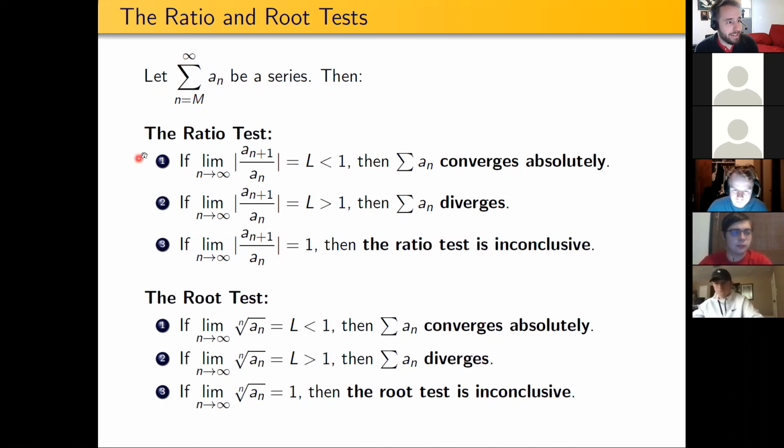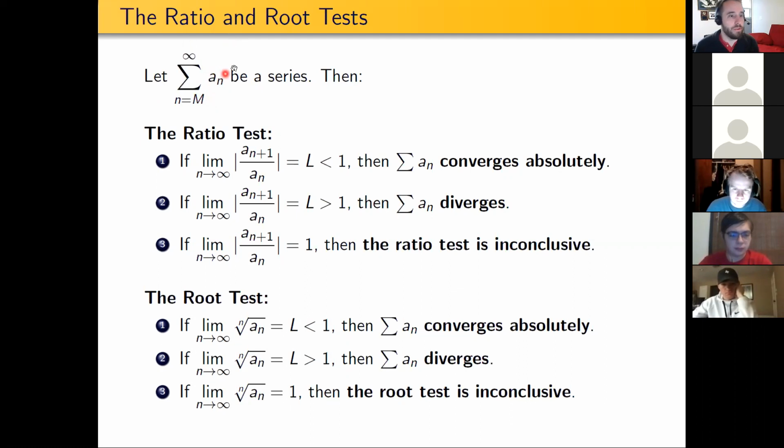And both of these tests, as we saw, involve looking at limits of expressions involving these individual terms a sub n. Now, we've seen in the past that in order for a series to converge, the a sub n's actually have to go to 0, right? The a sub n's have to get smaller and smaller. Otherwise, you'll just be adding up non-zero terms, and your series would diverge.